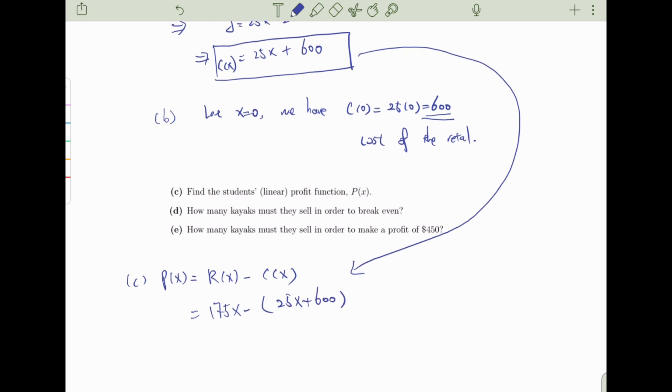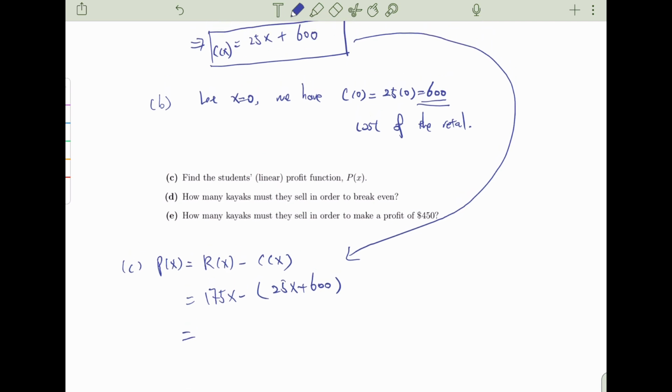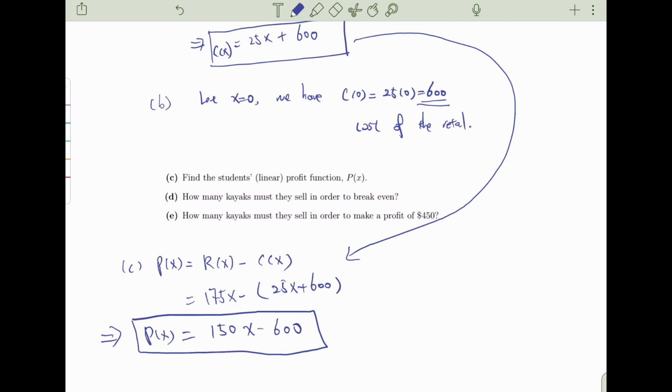And then I simplify this, which gives me 150x minus 600. That is my profit function, P of x. That is not very difficult.